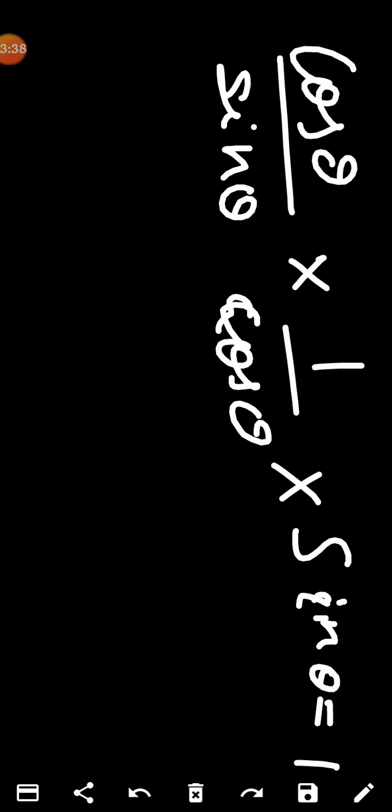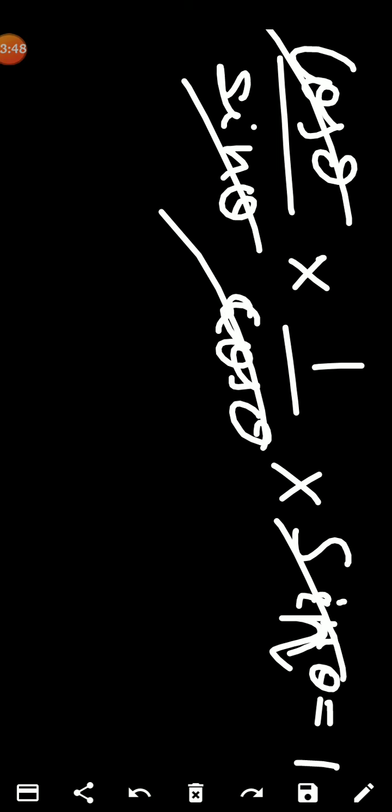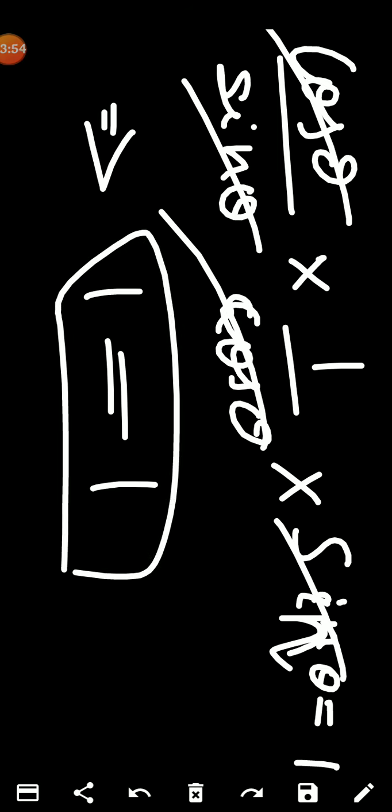So we cannot change sine theta further, so let us leave it like that. Okay, so now we do the cancellation method, and sine theta gets cancelled, cos theta and cos theta also get cancelled. So thus we are left with 1 is equal to 1. So thus this identity is also proved.